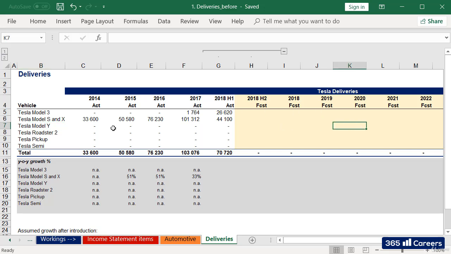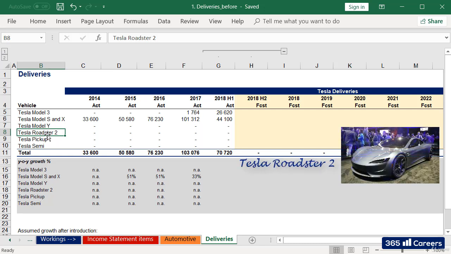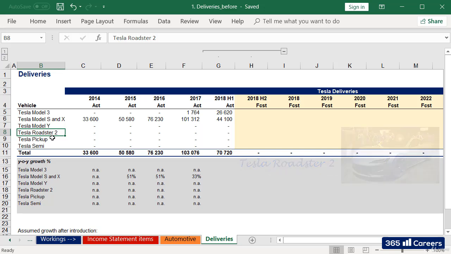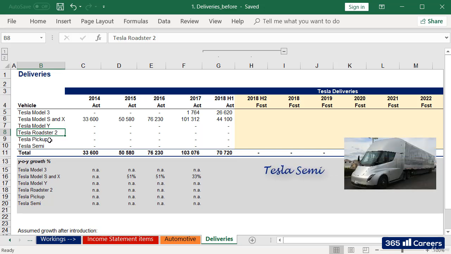Another very interesting car Tesla will start delivering at some point in 2020 is the Tesla Roadster 2, the renewed version of the company's first automobile, which is going to compete to become the quickest car in the world. In addition, Tesla has announced 2 electric vehicles with commercial application, the Tesla Pickup and the Tesla Semi.